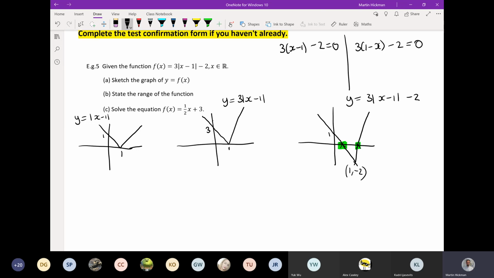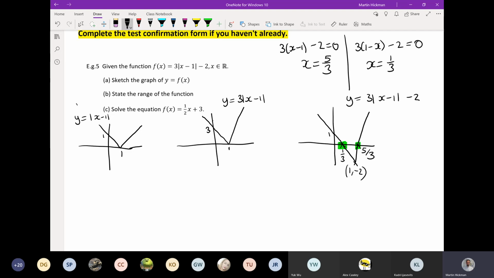And then secondly, I'm going to solve it to find the solution on the left, but times that x minus 1 by negative 1, so you get 1 minus x, because that's going to find my solution that has been reflected. When I solve these, because I've not got much room, I'm just going to put down the answers here. You've got x equals 5 over 3 and x equals a third. So those are going to be my roots.